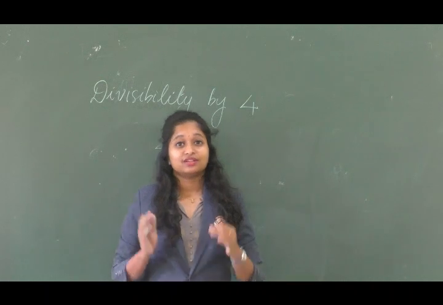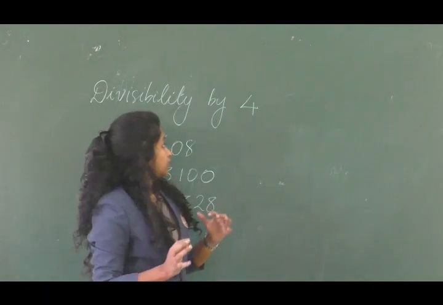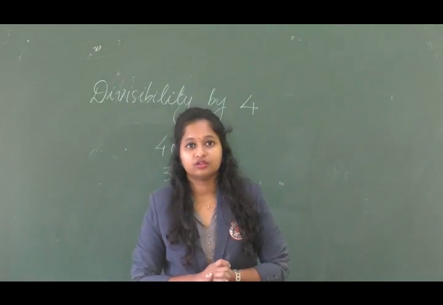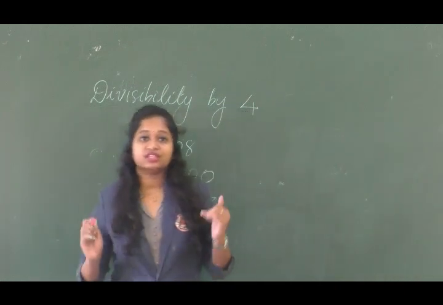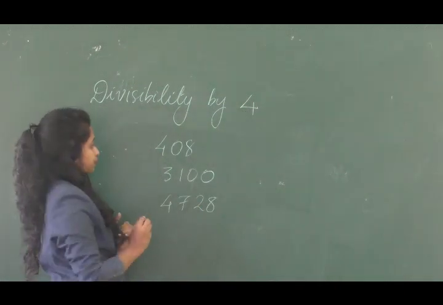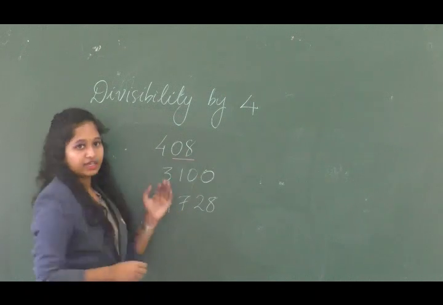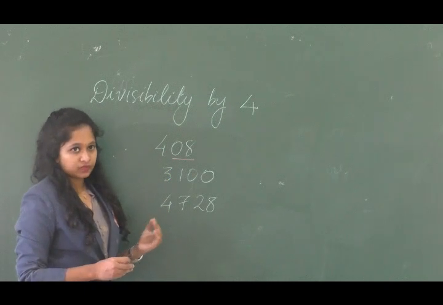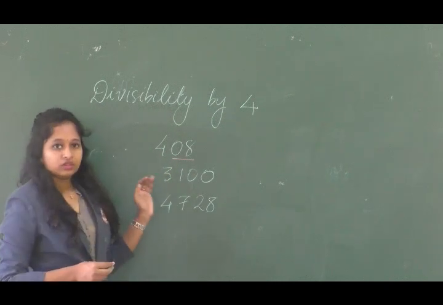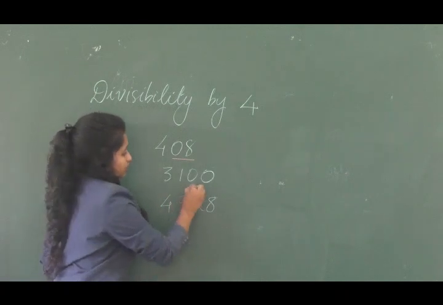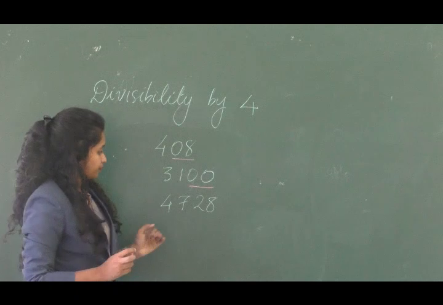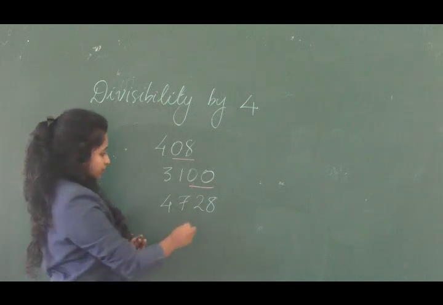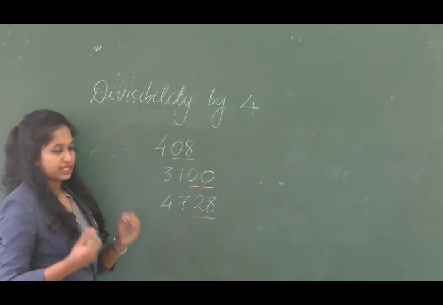The last one, let's see the divisibility by 4. How to check a number is divisible by 4? We have to see the last 2 digits of the number. Here I have 408, take the last 2 digits 08. Here I have 3100, last 2 digits are zeros. Here I have 4728, last 2 digits is 28.